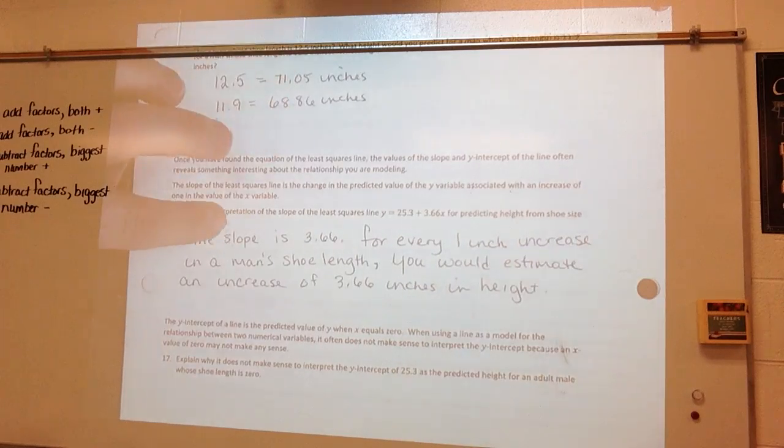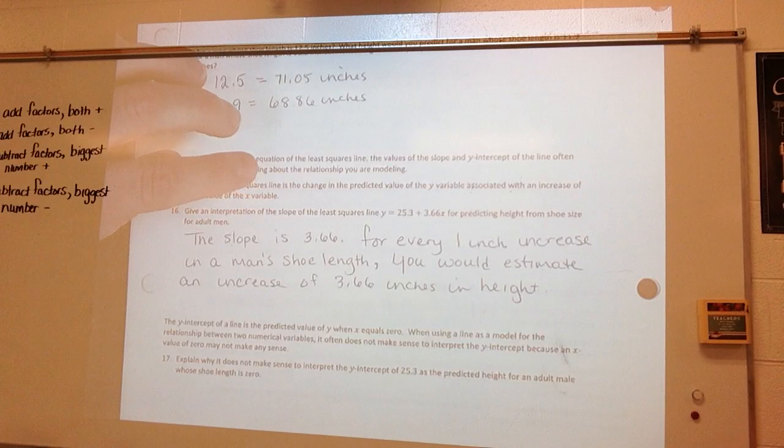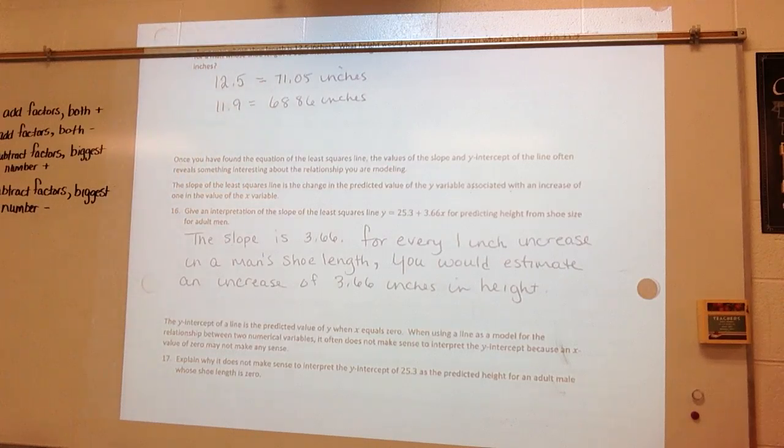So for every inch that the shoe length goes up, the height is going to go up about 3 66/100 inches. That's what the slope is telling us.